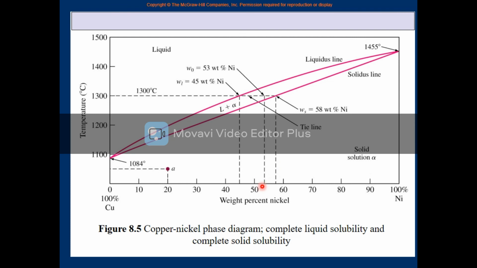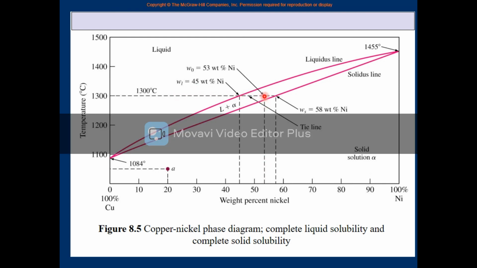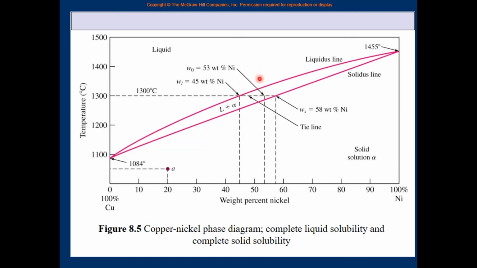So we started with a material which had 53 weight percent nickel, and the question is, at 1300 Celsius, what will be in that material? You see, at 1300 Celsius, if you cut this vertical line and this solid line, they cut here, so it means there will be some liquid and some solid. If it was here, it would be pure liquid. If it was here, it would be pure solid.